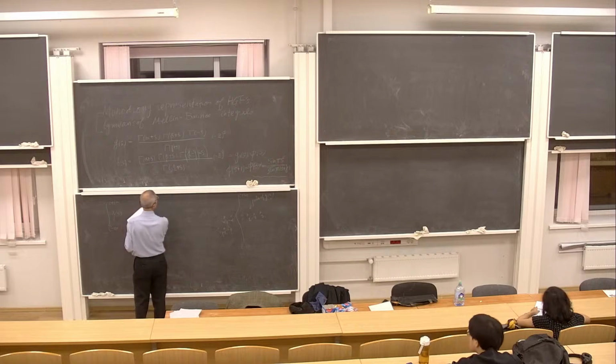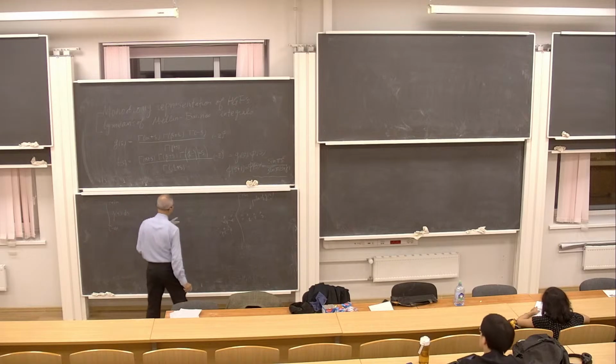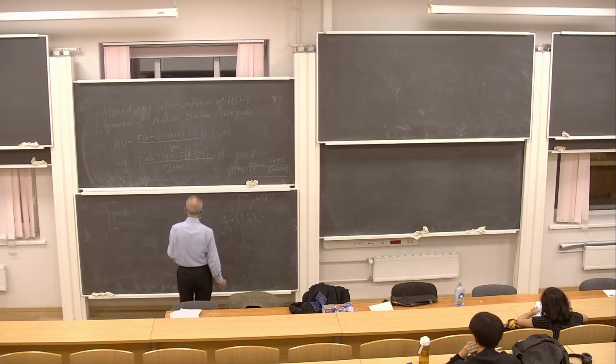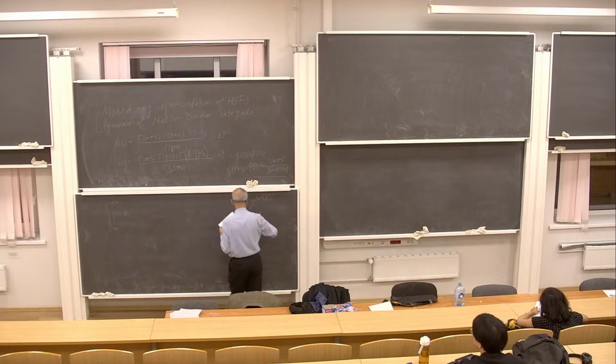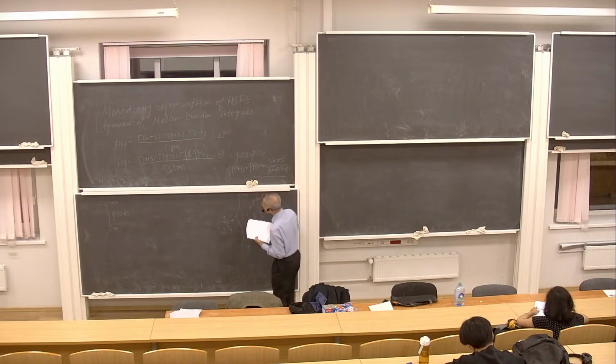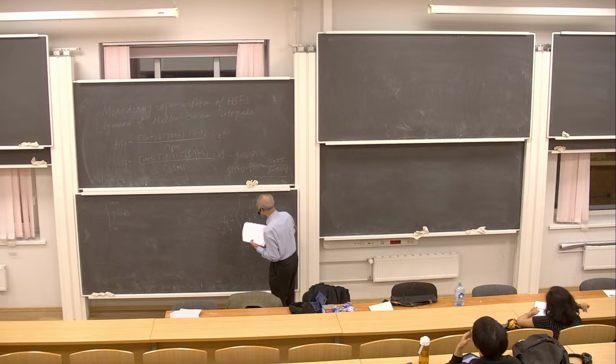Say the poles of Hs are somehow at 1 minus gamma, somewhere here, maybe a rational number, 1 minus gamma, and 1 minus gamma plus 1, and so on.